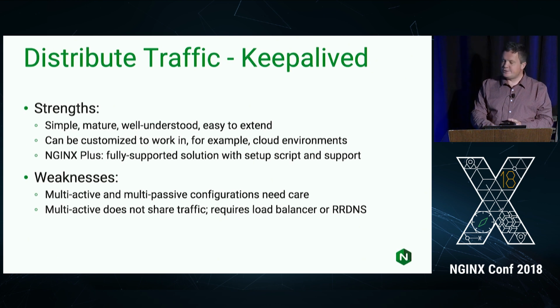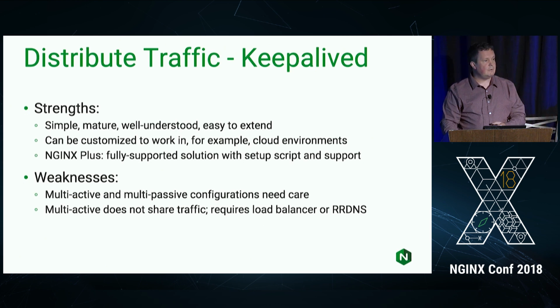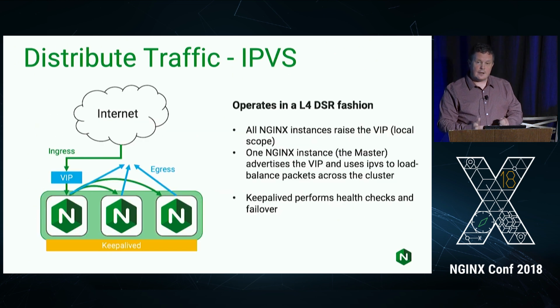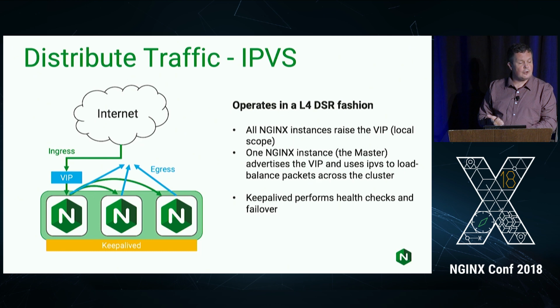And if you want to have multiple active instances at the same time, they each have their own virtual IP address. The IP address is not shared by those instances, so you need either a downstream load balancer or round-robin DNS to distribute traffic to those destination IPs. So it's a great start, suitable for small deployments. In other situations, you might want to look at a couple of other approaches.